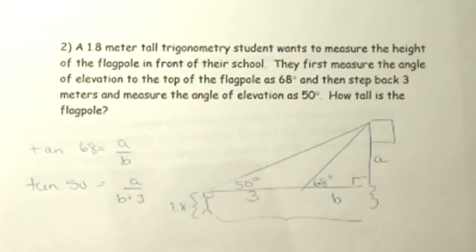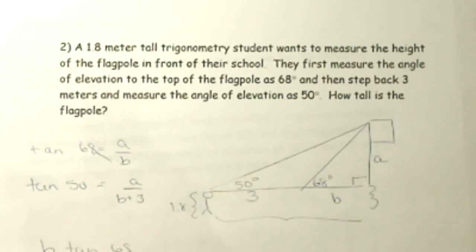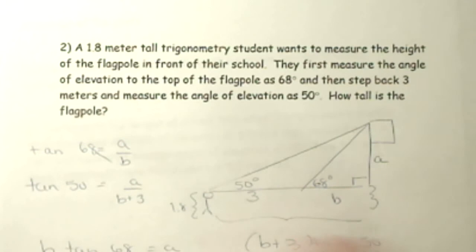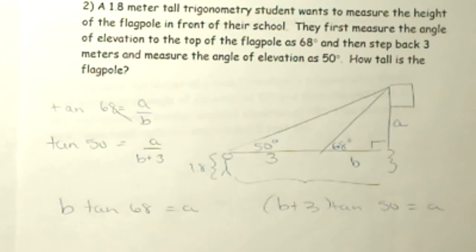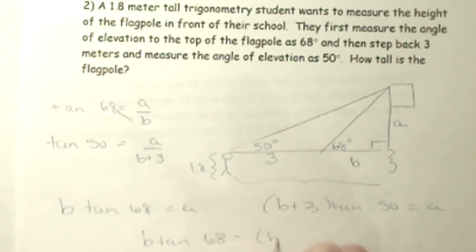Cross multiplying each of these proportions gives me B tangent 68 equals A, or B plus 3 tangent 50 equals A.